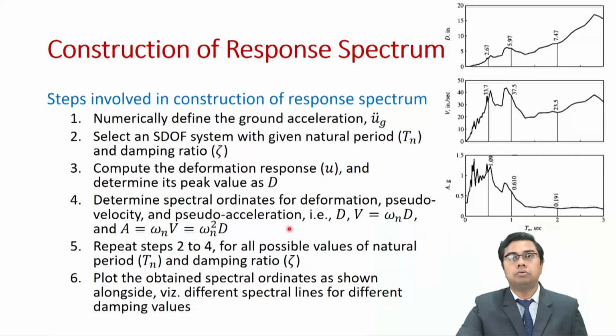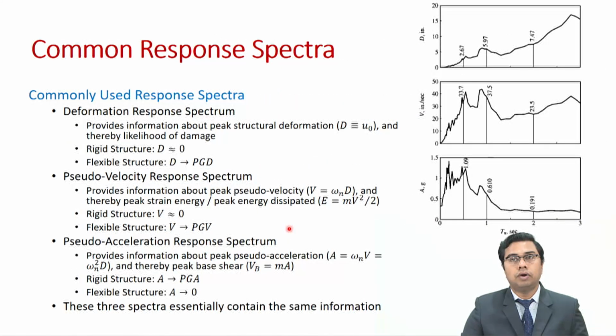Now, we will look into some of the most widely used response spectra in seismic design. By now, we are already familiar with D, V and A, which are deformation, pseudo velocity and pseudo acceleration response spectra.